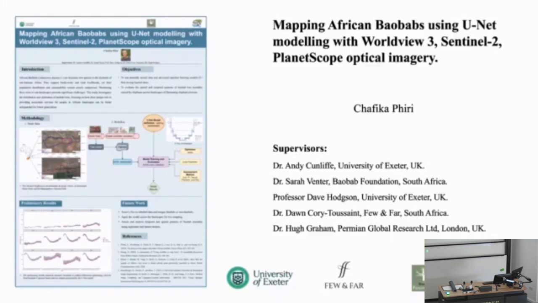We'll be testing remote sensing data and U-Net modeling to map baobab trees, as well as evaluate the spatial and temporal baobab mortality due to elephant damage in two distinct areas in the northern part of South Africa.